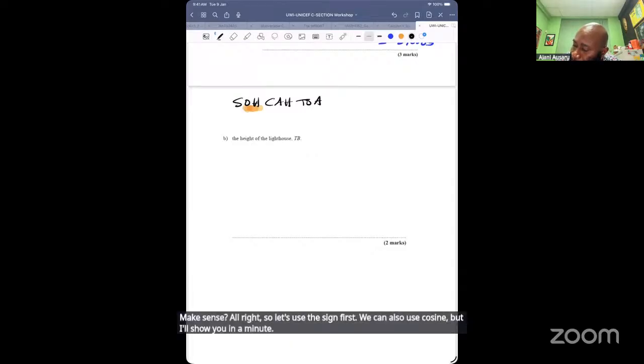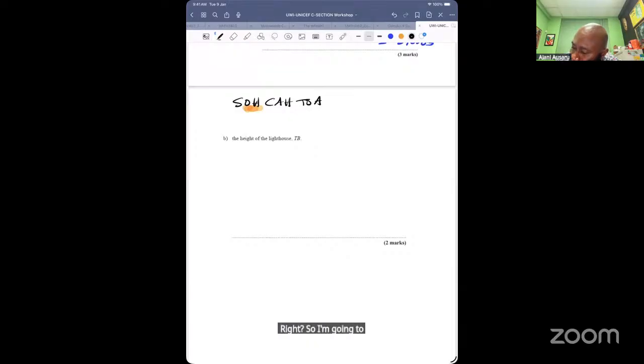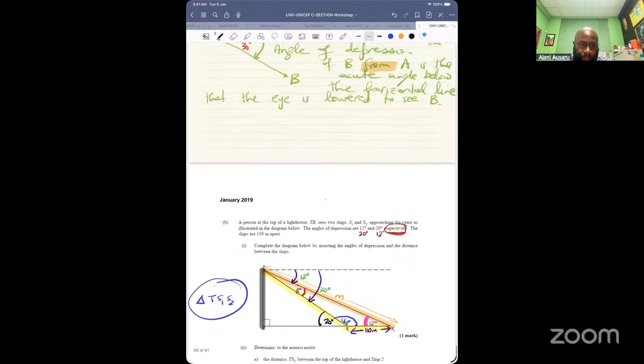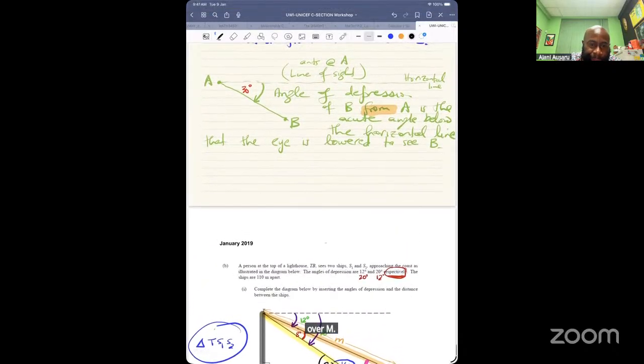All right, so I'm going to write something now. Sine of 12 degrees is equal to opposite, which is TB, over hypotenuse, which is M. Everybody follow that?